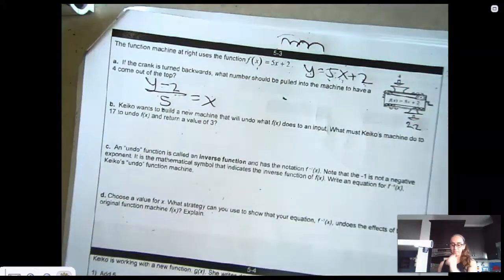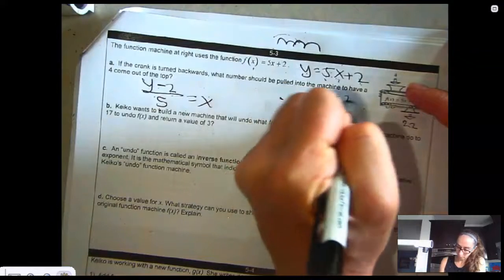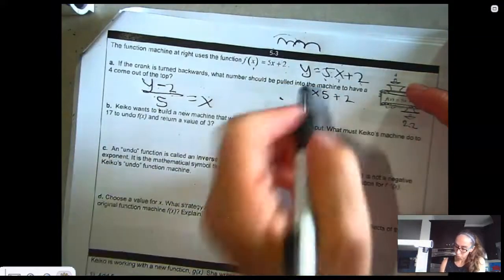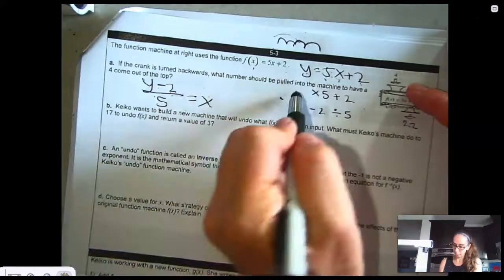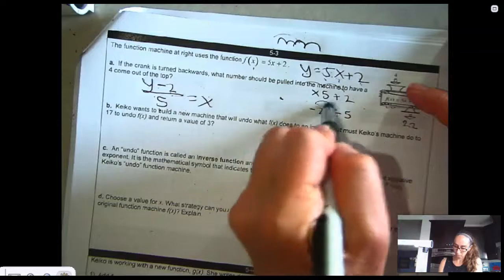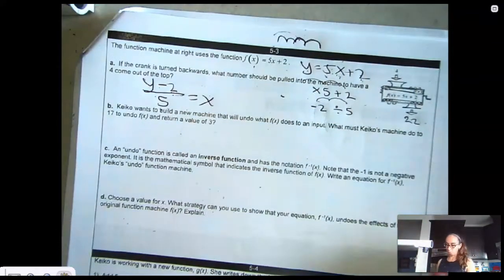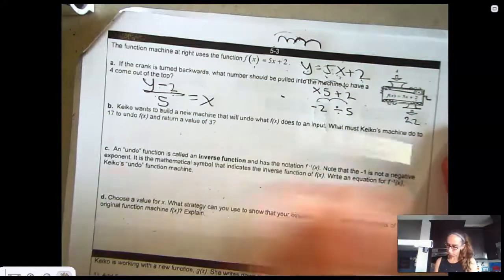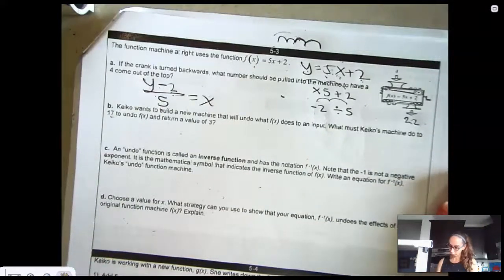Good. So in the original machine, you multiplied by 5 and you added 2. In the new machine, you subtracted 2 and divided by 5. Do you see how I went this way, and now this way I go the other way? Okay. So they want you to figure out what must I do to 17 to undo f of x and return a value of 3?